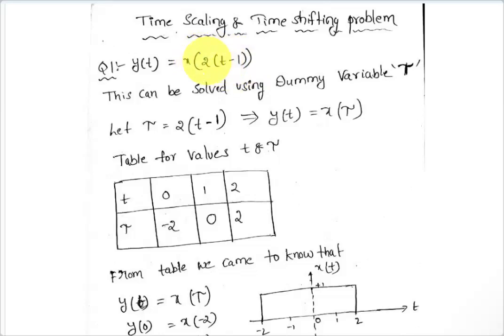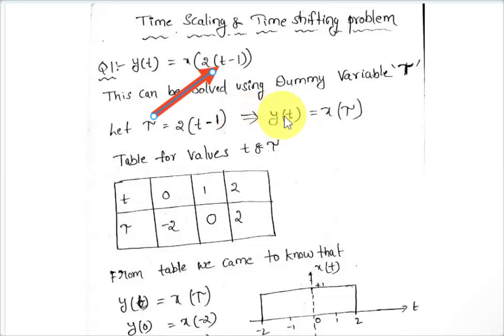First deal with this section, guys: 2t minus 1. Let us assume this whole as the tau variable. We are assuming tau equal to 2t minus 1.